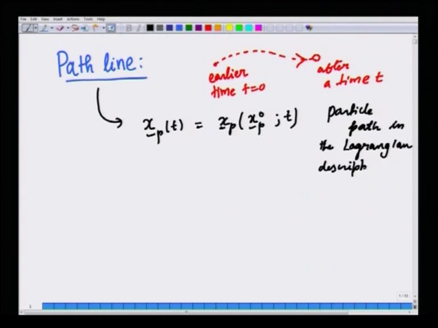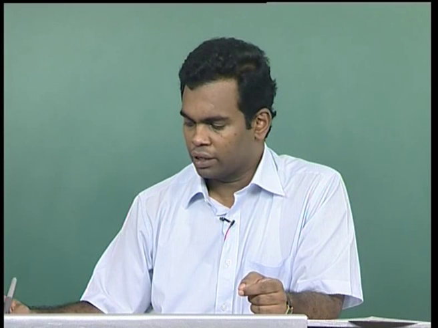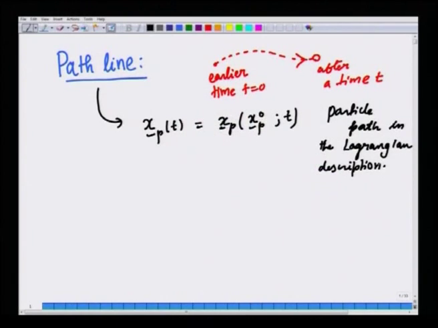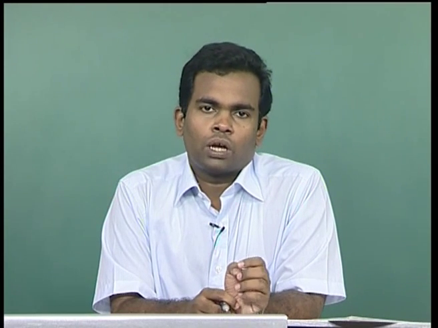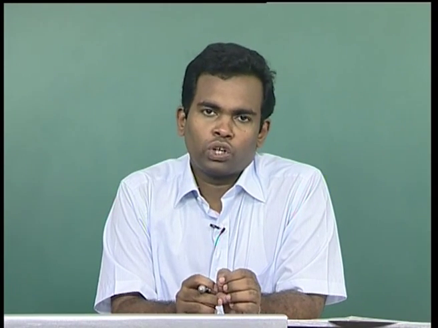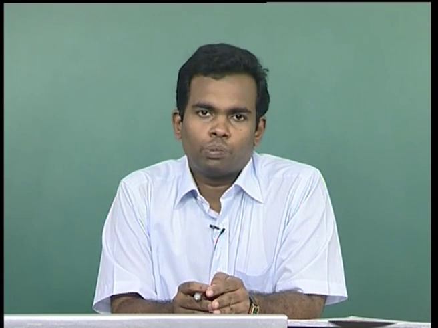The path line is merely a way of obtaining that particle path experimentally, either by introducing a puff of smoke at a given point in space instantaneously, and you visualize how this puff of smoke or a point of dye in a liquid moves as a function of time. This gives you the particle path, or what is called the path line.